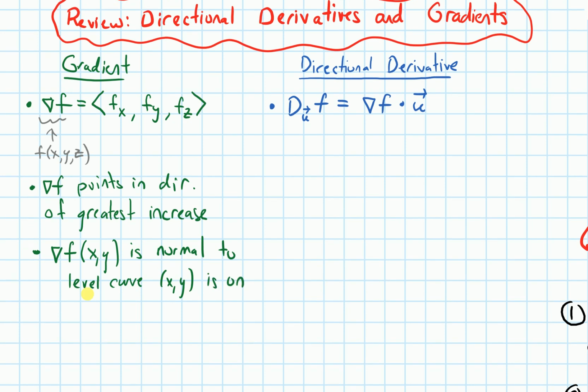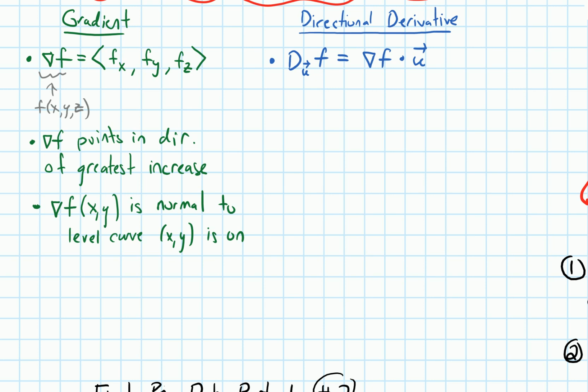Right, so that's a property that we've seen that the gradient has. And if I went one dimension up and I had a function of 3 variables and took its gradient, well then we'd be talking about level surfaces, and this gradient would be normal to the level surface that the point x, y, z is on. Okay.